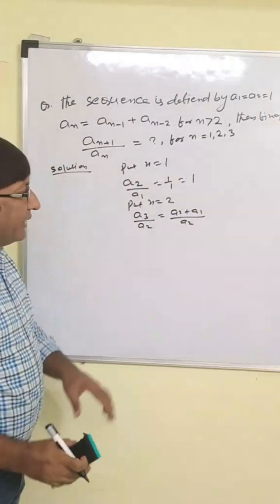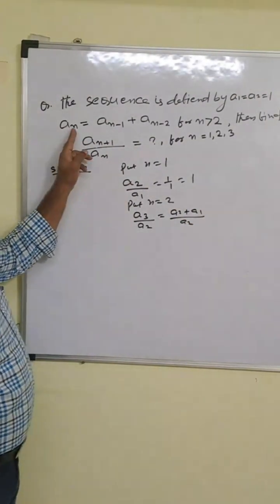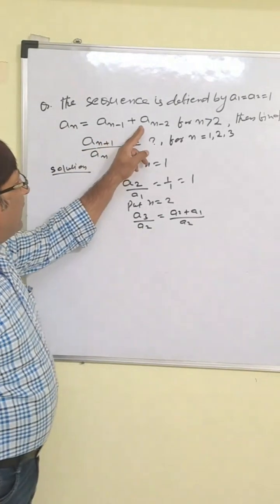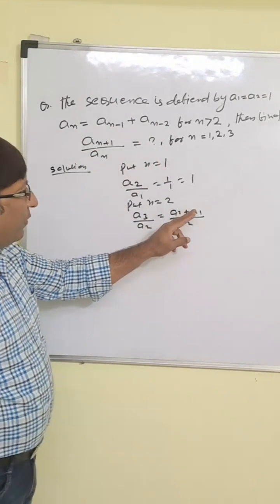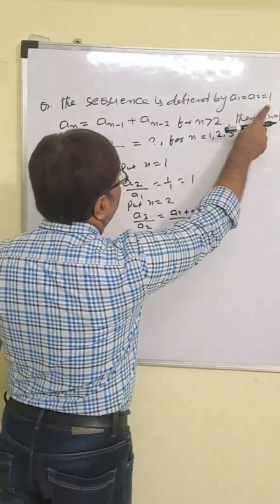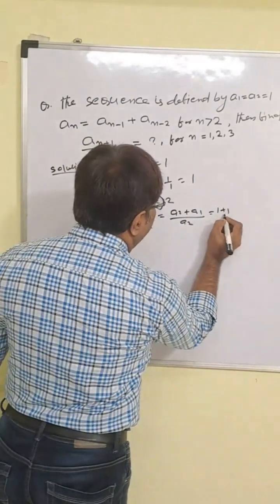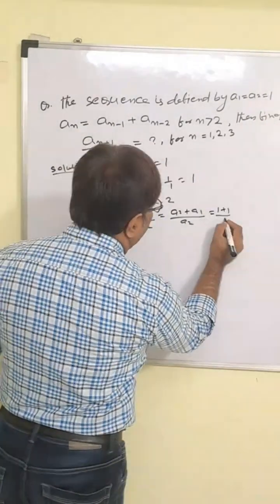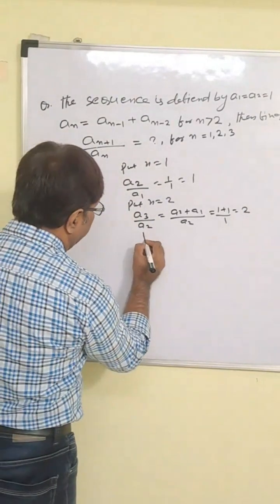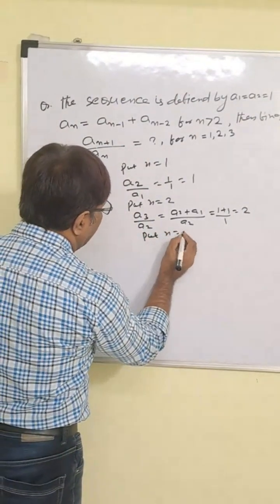So put here n equal to 3, so A3 equals A2 plus A1. So A2 plus A1 by A2. Now you know A1 equal to A2 is 1. So it is 1 plus 1, and A2 is 1. So the correct answer is 2.